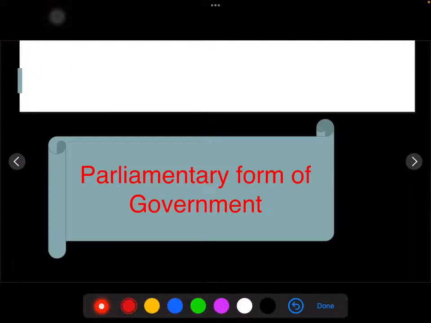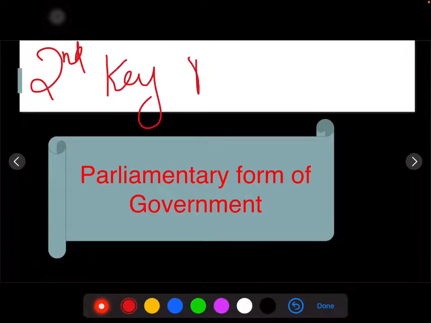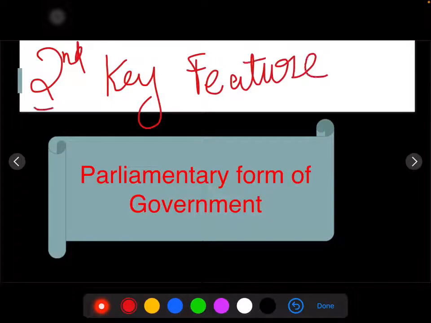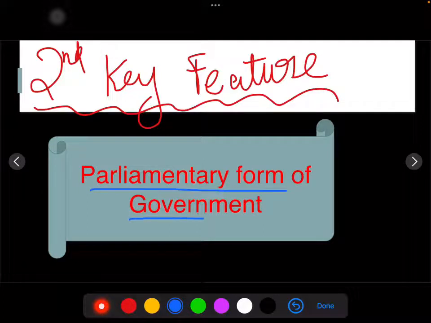The second key feature of Indian Constitution that we will be discovering is the parliamentary form of government. Let's go.